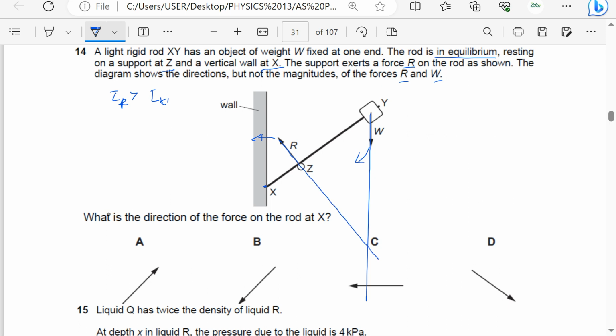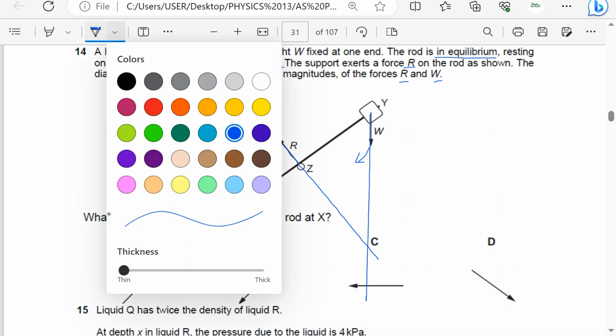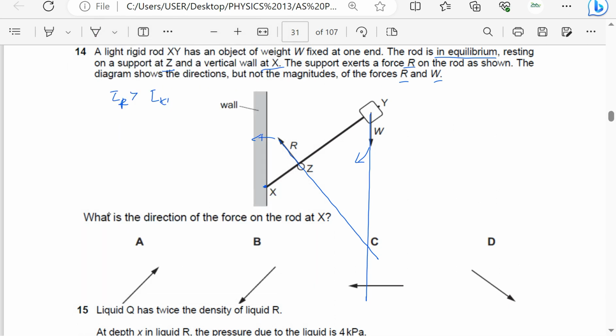Okay. So it means the third point, because I want the force at X. What is the direction of the force on the rod at X? So I want to find the direction of the force at X. So I'll join X to where these vectors are meeting. So I'll join X to this point here.